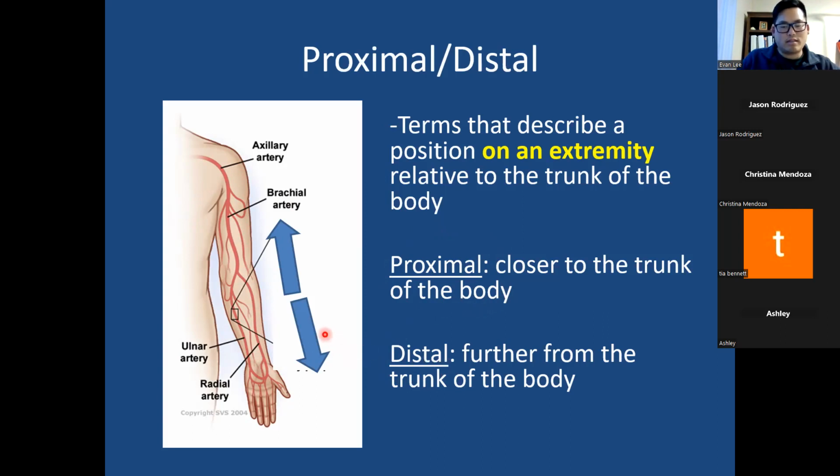In this case, let's go over an example. If I said the elbow is blank to the wrist, what would be the best term to use there? The elbow is blank to the wrist. Very good.